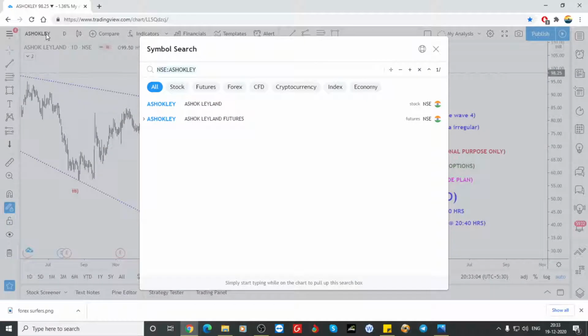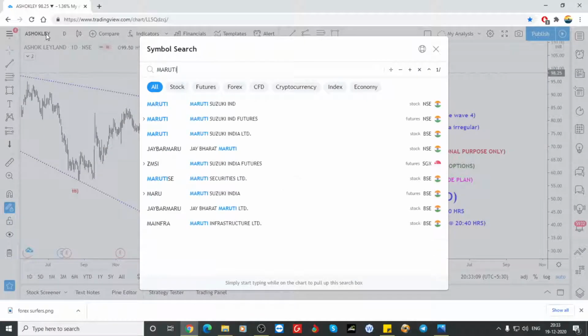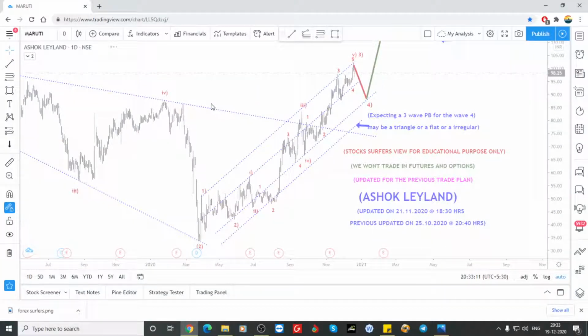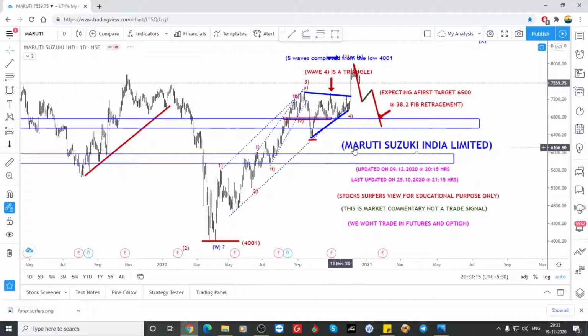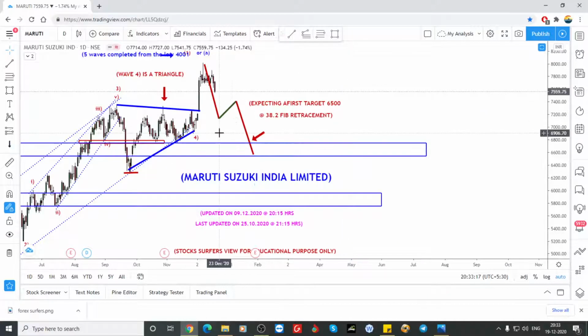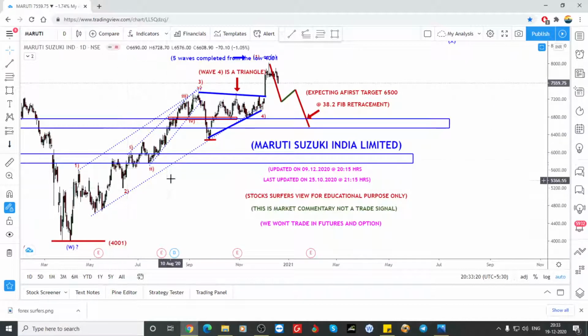And next we will move on to Maruti. So it's already the 5 years over, and I'm expecting the three-way structure. So there is no change. 1 2 1 2 3 4 5. So 1 2 3 4 as a triangle, and the fifth wave is already got, and we are in the downtrend.